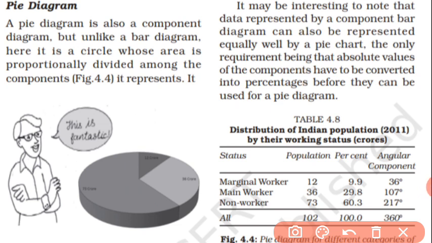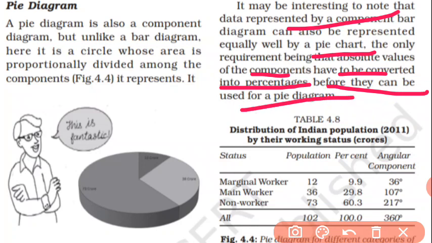It might be interesting to note that data may be represented by component bar diagram as well as by pie chart. The only requirement is that the absolute values of the components have to be converted into percentages before they can be used for a pie diagram. You can see marginal workers 12%. So here it will be 12, 9.9%. And main workers 36, so it will be 36.